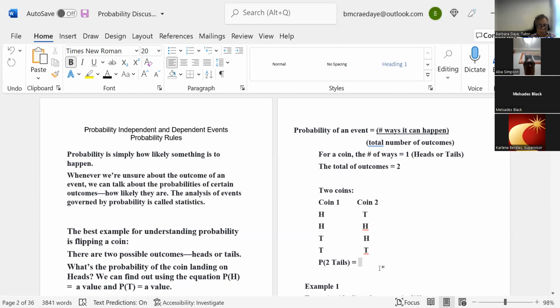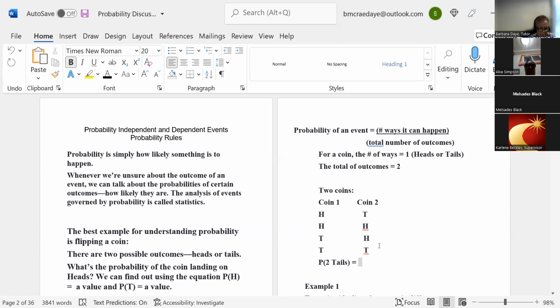So the probability of getting 2 tails, how many times did I get 2 tails? 2 tails. It would be 8 to 2. No, I don't understand. 4 flips, tail, tail, 1.